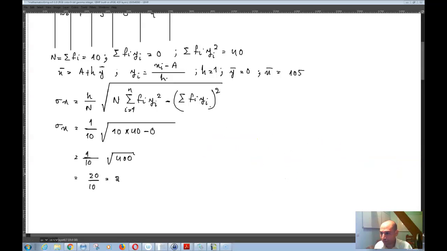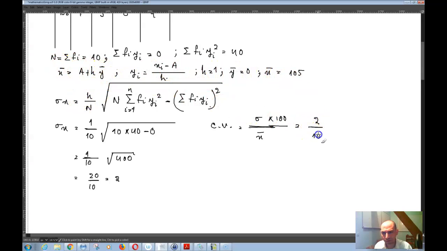So the coefficient of variation is equal to basically sigma over x bar times 100, which is equal to basically 2 divided by x bar.